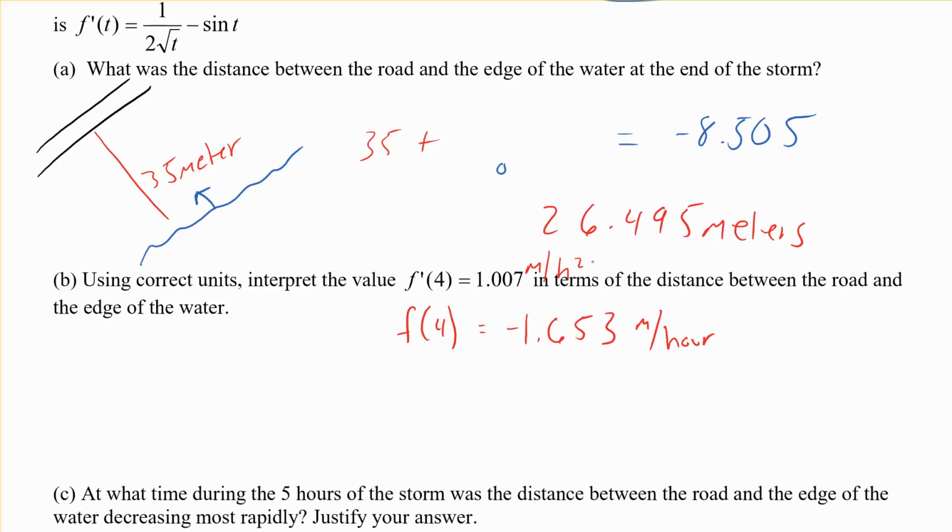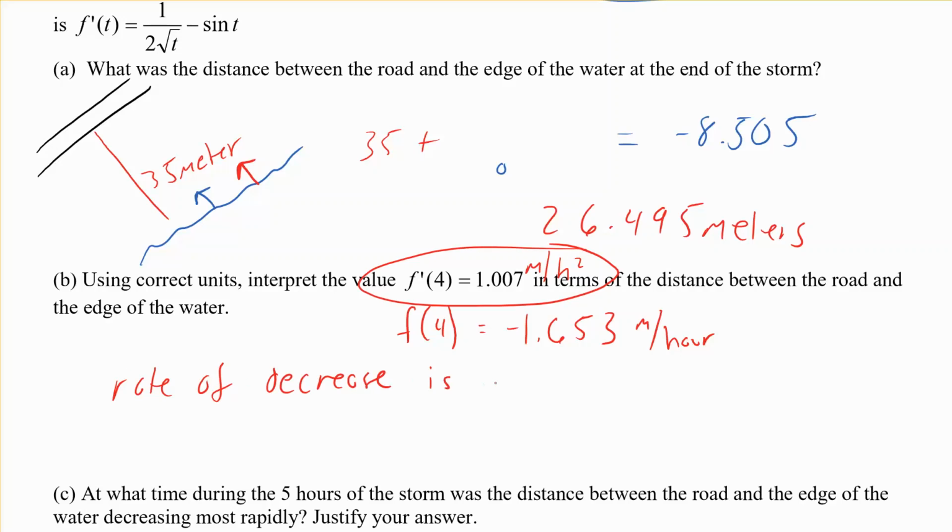So what does that mean? The rate is negative. We're losing distance. We know that. But the rate of the rate is a positive number. So that means the rate of decrease is increasing, meaning the change in distance is decreasing.